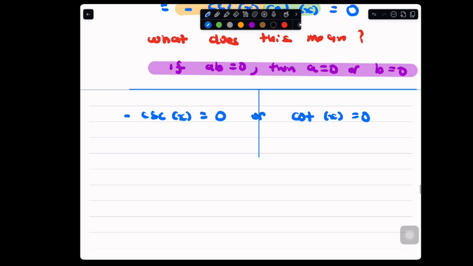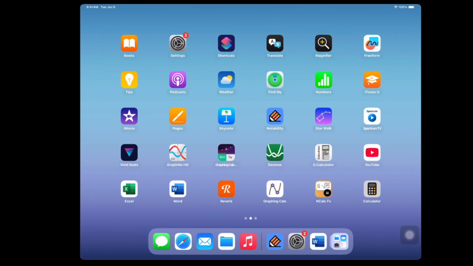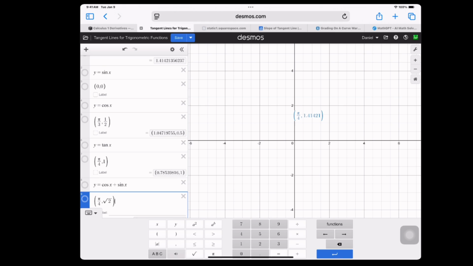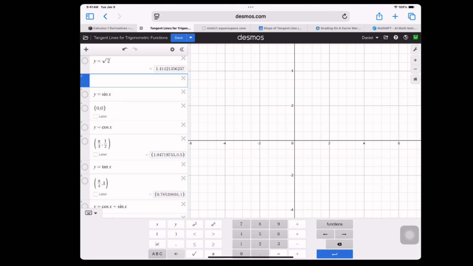What do I know about the cosecant curve? This is never 0. This doesn't happen. Now, how would you know this? Well, when you go back to trig, we study graphing.